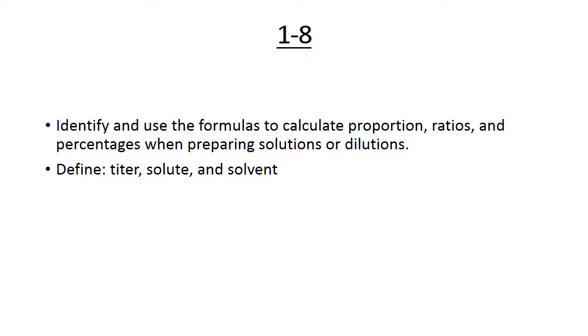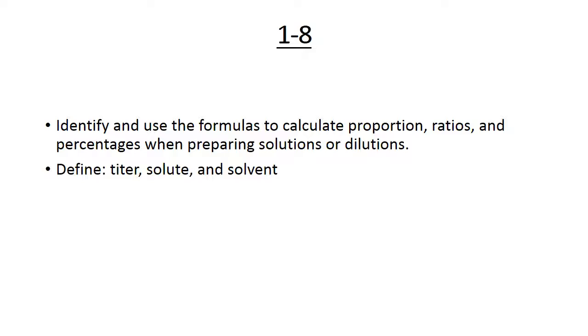When we're going to make, let's just say, a 10% bleach solution, I don't know if that's the best example to use. That's better used as an example for preparing percent solutions, but it's very similar.